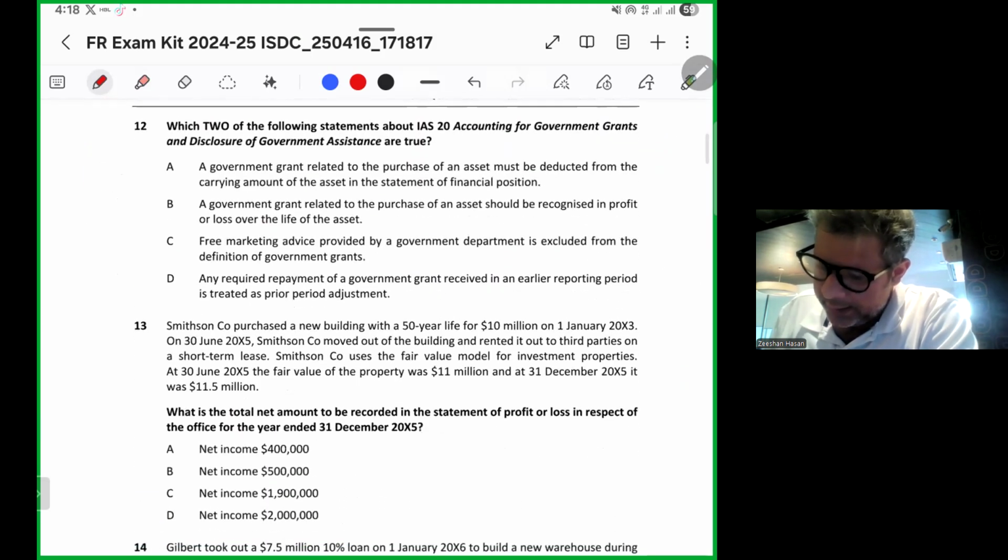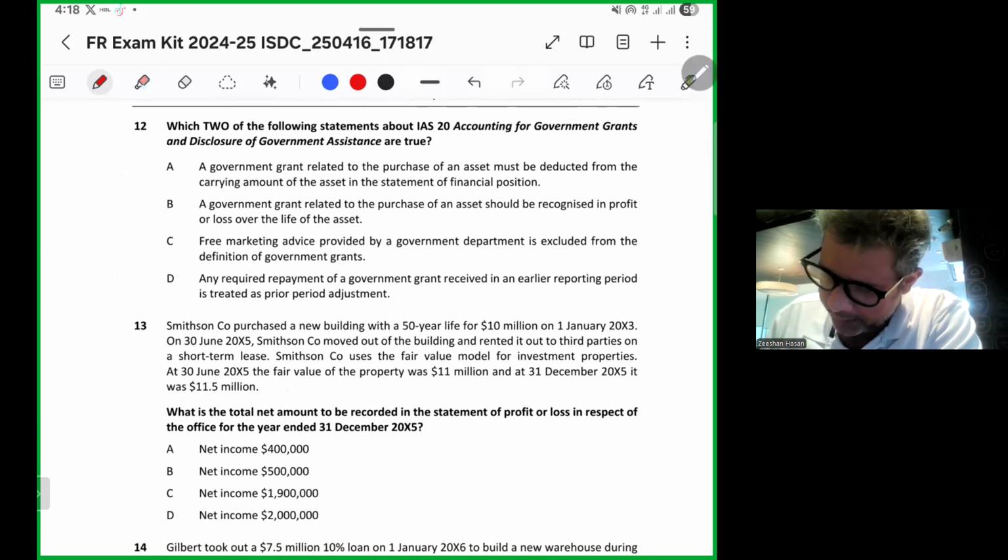Moving further ahead, which two of the following statements about IAS 20 Accounting for Government Grants and Disclosure of Government Assistance are true? A, a government grant related to the purchase of an asset must be deducted from the carrying amount of the asset in the statement of financial position. No, this is not true.